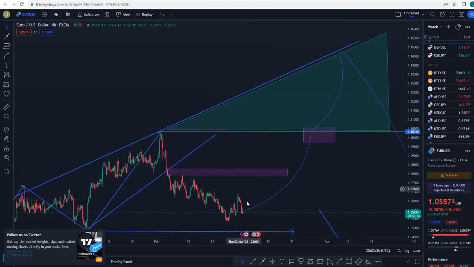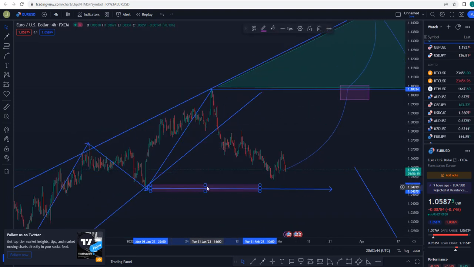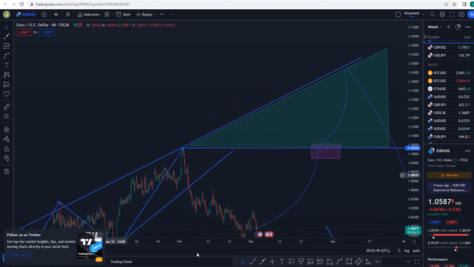The more it stays ranging here, the more it can easily go up to touch this, because this place here, there will be massive blowing of accounts.